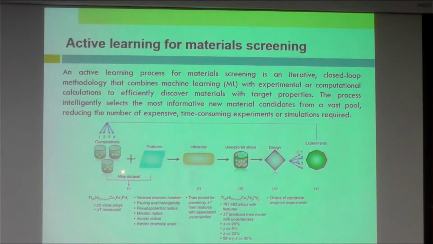And if you see here, for example, with a composition of certain materials alloy, you have certain features. With this alloy, for example, you have titanium, nickel, copper, iron, PD, 22 initial alloy, and delta T were measured. So the valence electron number information might be available, and electronegativity might be available here.